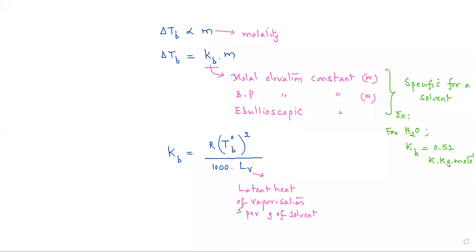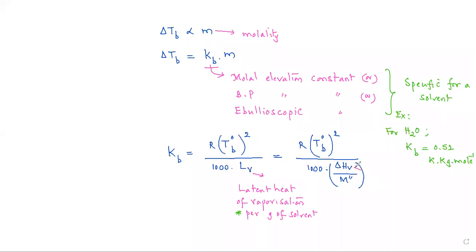So if you want this per mole, you can actually take it this way: T naught B square by 1000 into delta HV by M dash, because we generally use M dash for the solvent.